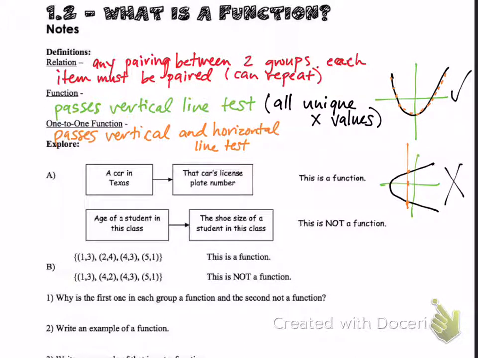So if I'm doing a horizontal line test, that means I take my pencil and I make it horizontal and I read it from bottom to top. So that means that it can't intersect left to right either.